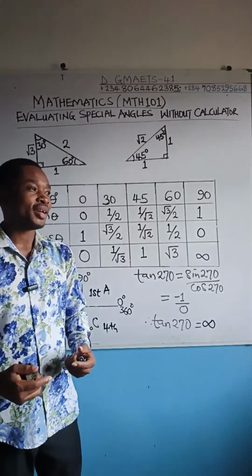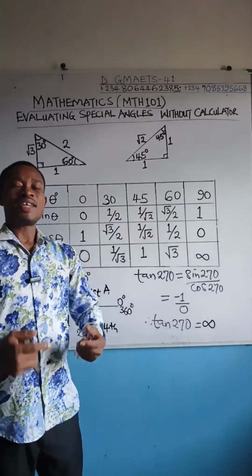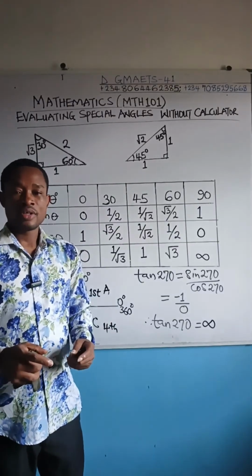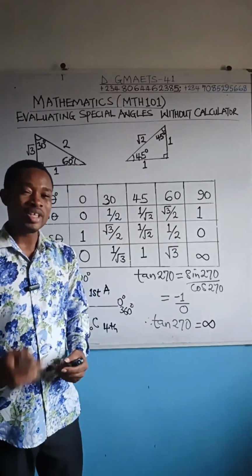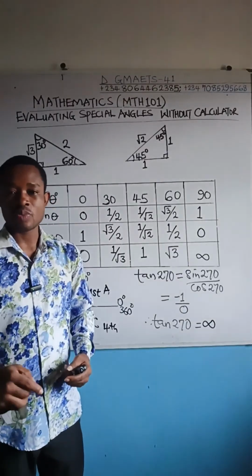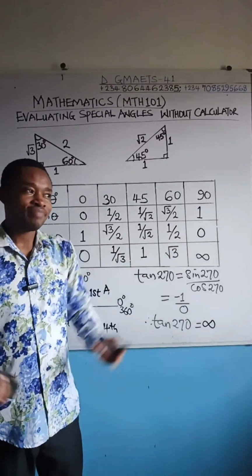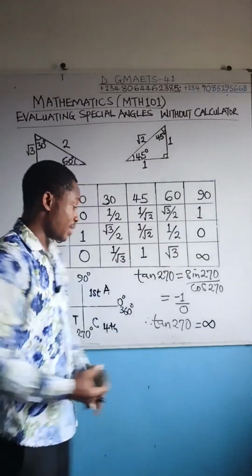If you are to be tested on angles, like I've consistently said, an examiner will not test you on an angle that is not a special angle. So you just have no choice. You must learn this. There are no two ways about it.